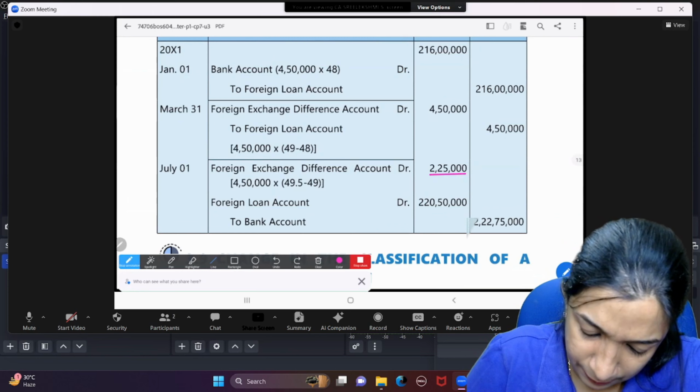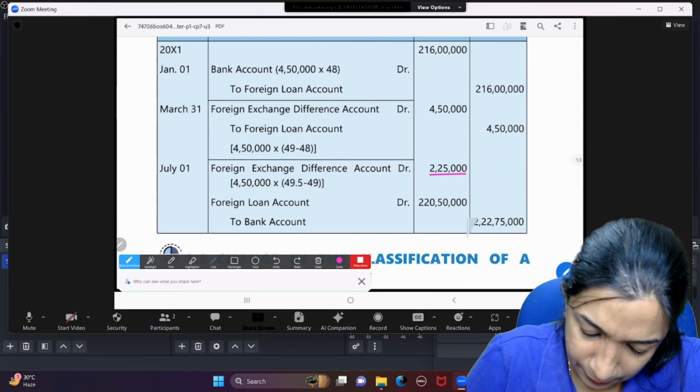The standard says you can use the average rate of, say, 1st March and 15th March, provided there are no significant fluctuations in the average rate. So foreign currency transactions are recorded initially at spot rate, or you can use the average rate of two weeks.